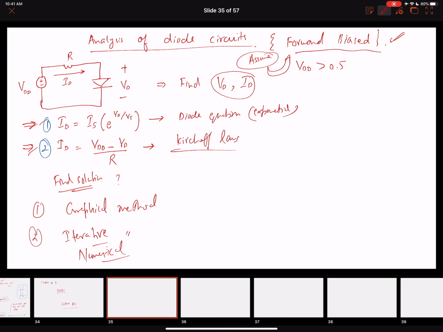Okay, so let's start with the graphical method. First let me do the graphical analysis of this diode circuit, and that will use the exponential model of the diode.